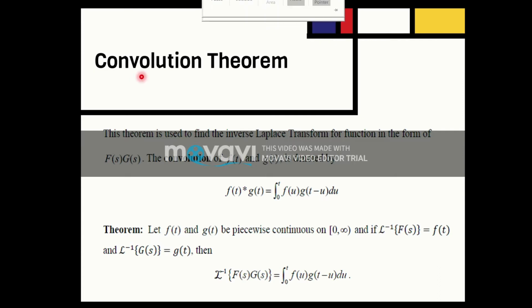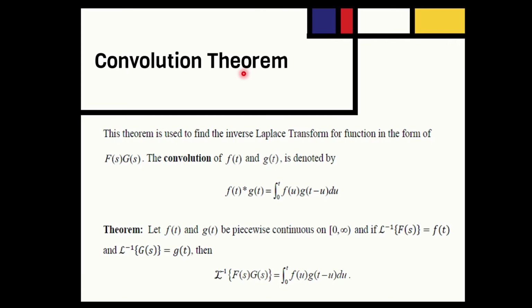Today we are going to learn about the convolution theorem. You can use this theorem to find the inverse Laplace transform when we have the function in the form of F(s) times G(s).